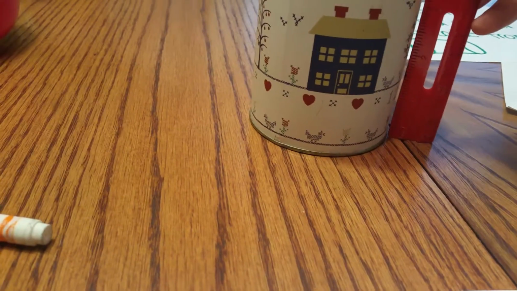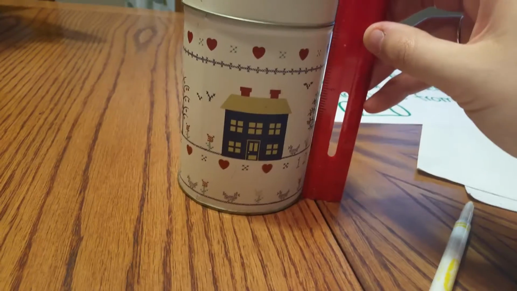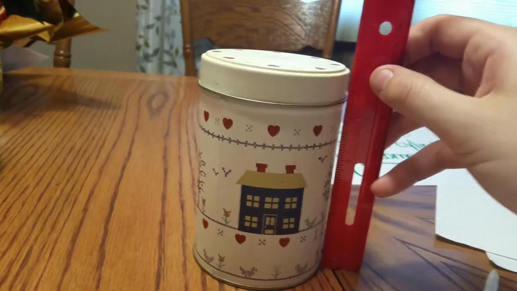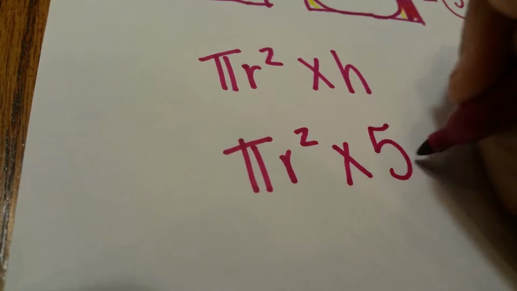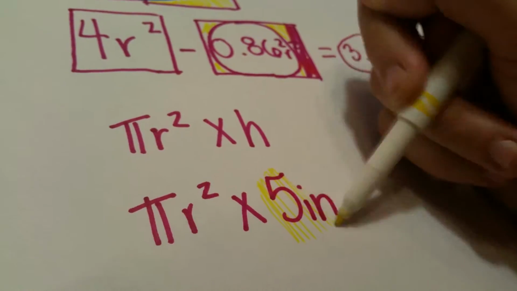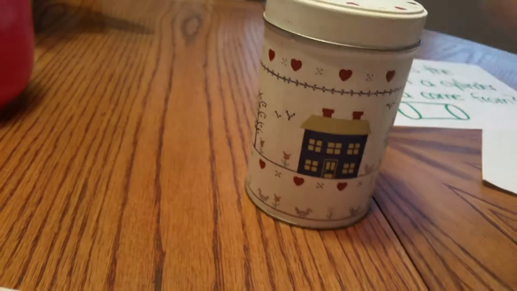If I measure the height, it's about 5 inches right there. So if I put in here pi r squared times the 5 inches, which I'll highlight that for you guys, so you know that's just this right here, the height, which is how tall something is.